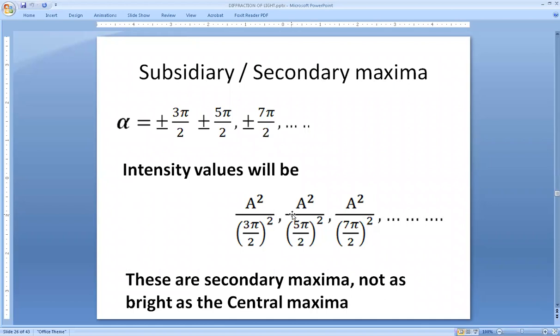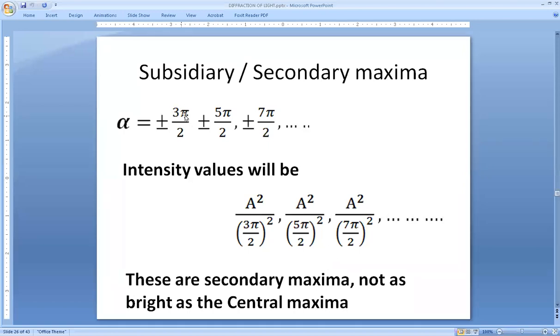We have calculated the central maxima, but we did not do anything about the others. I already reminded you that alpha equal to 0 is the special case of principal or central maxima, chief maxima. Now, if you exclude alpha equal to 0, the rest, that is 3 pi by 2, 5 pi by 2, 7 pi by 2, etc., odd multiples of pi by 2, are going to give you sin square alpha by alpha square.